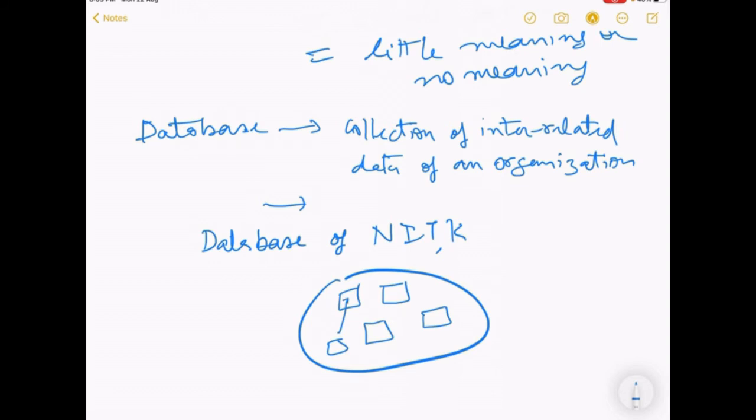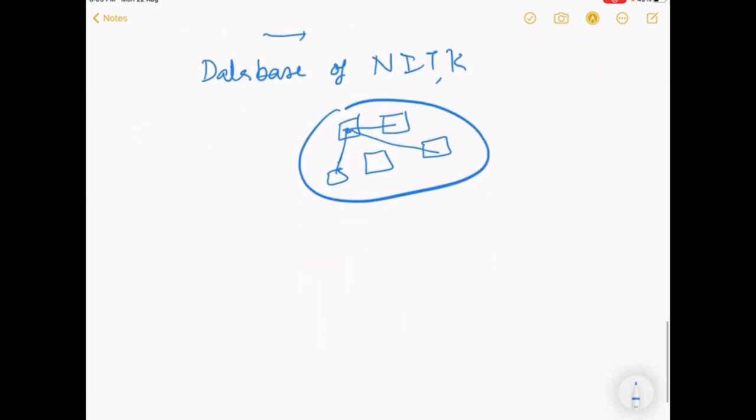Student data is related to the fee deposit and account, and it is also related to the marks in the examination section. It also has detail in the department files, so many. So for any organization or enterprise, we have a lot of data, and all these data are related to each other, and we say it is a database of the organization.